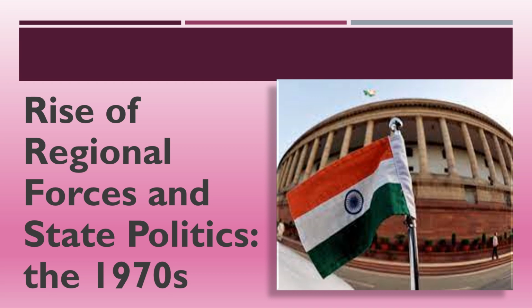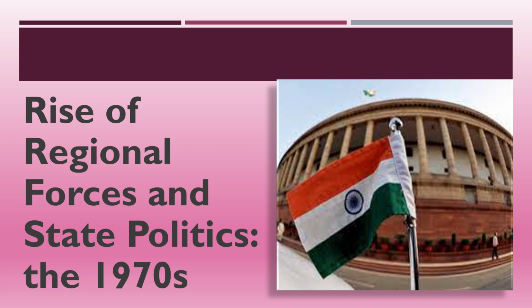Conclaves of the opposition leaders, appointment of the Rajamannar Commission in Tamil Nadu, the resolution of the Left Front in West Bengal, and appointment of the Sarkaria Commission in 1983, etc., for revamping of the center-state relations were some of the most significant examples of the rising significance of regional political forces during the late 1960s to early 1980s.